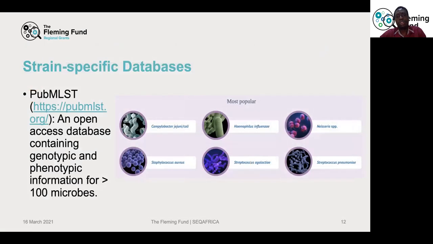So there are also strain-specific databases where one can access genotypic and genomic information for different microbial species. One of the specific databases here that I'll mention is PubMLST. I'm not going to do so much on that, but you'll find a lot of information for over 100 microbes.